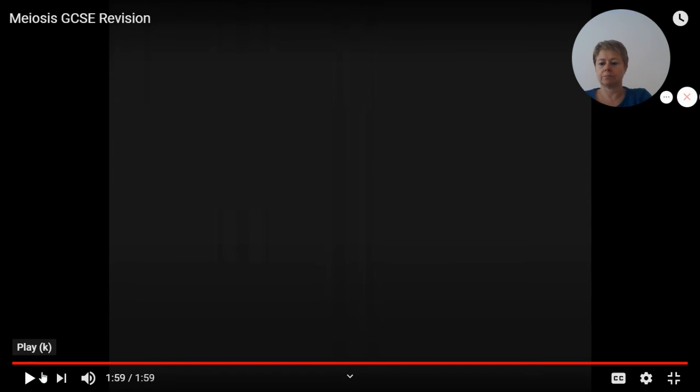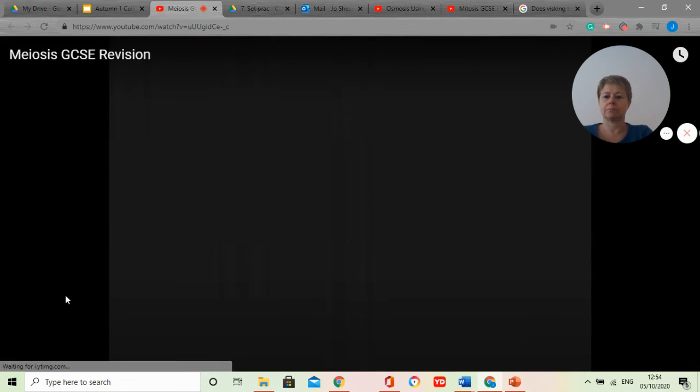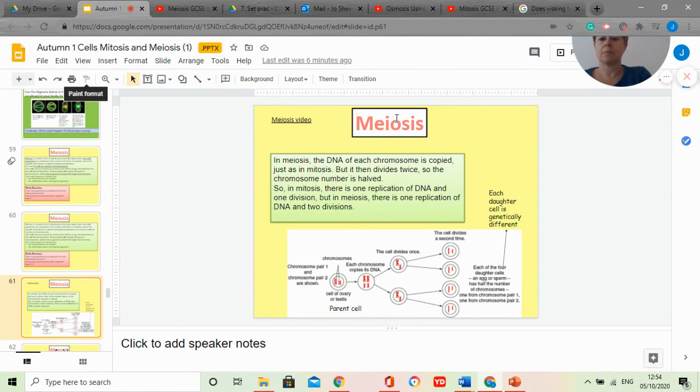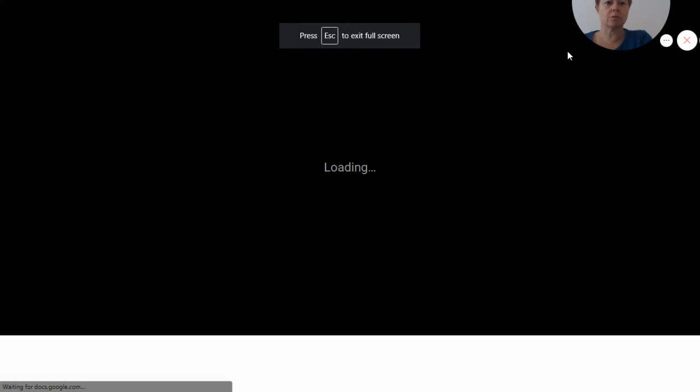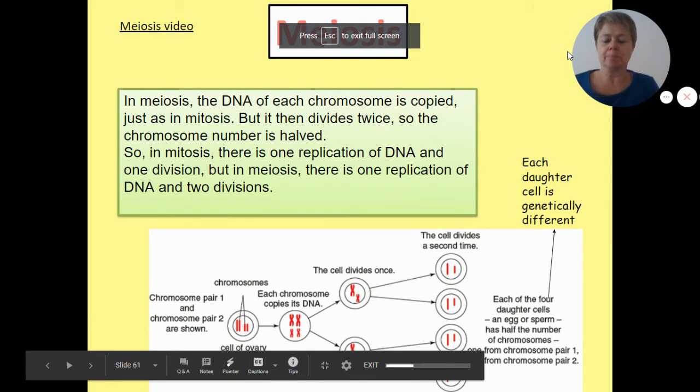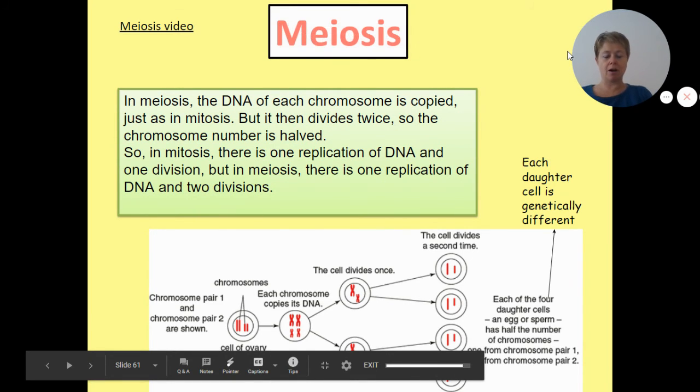Why is it important that the number of chromosomes in egg and sperm cells is halved? Okay. So why is it important that the number of chromosomes in the cells produced by meiosis are halved?